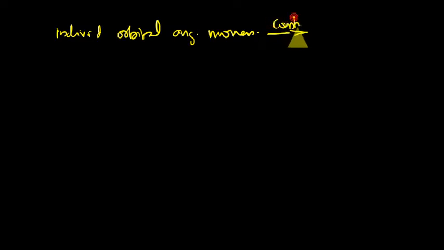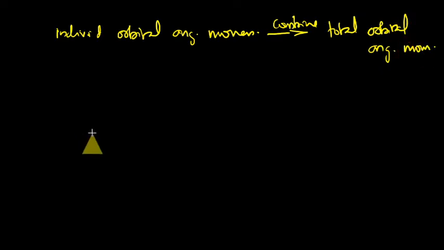The individual orbital angular momenta combine to give a total orbital angular momentum. This is one possibility. It means the orbital angular momenta of the individual electrons will combine to give a total orbital angular momentum.